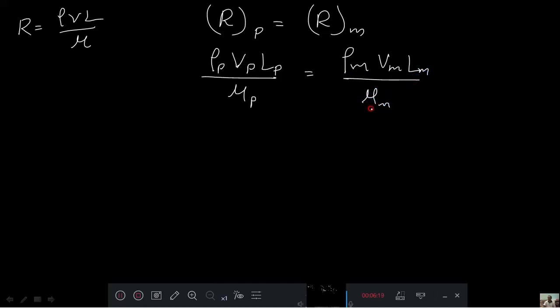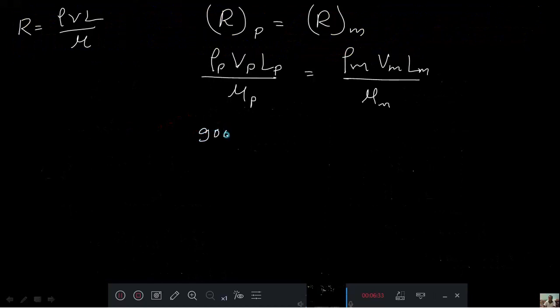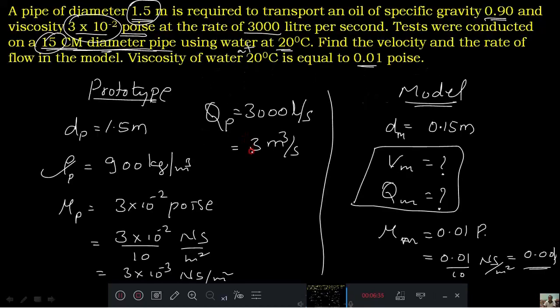Then substitute what data you know, and what you don't know will come out. Rho of the prototype is there, 900, into V of the prototype.